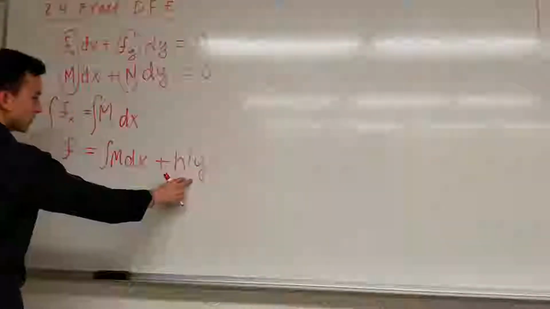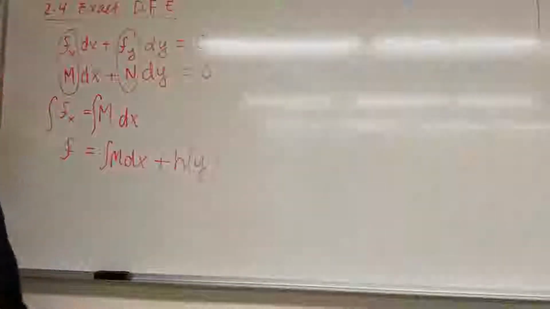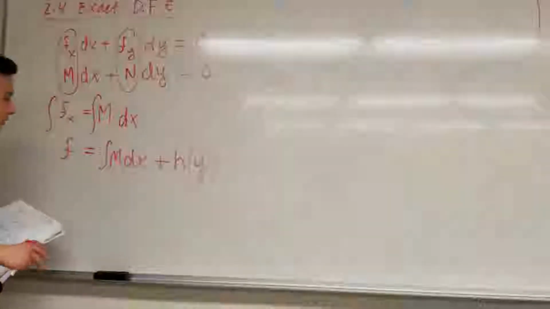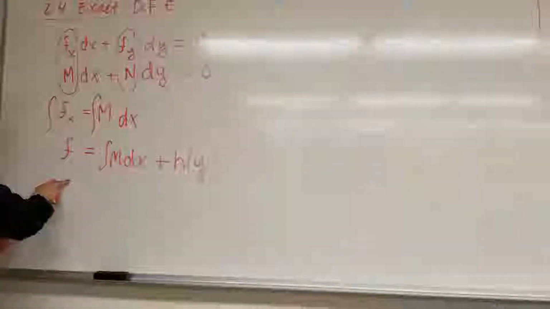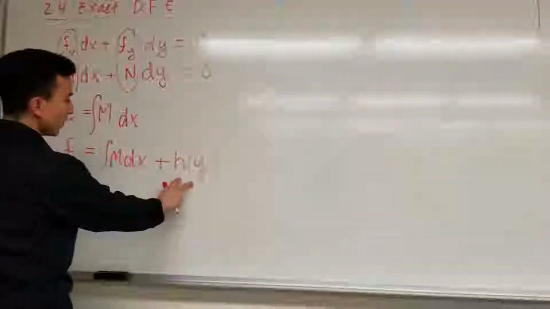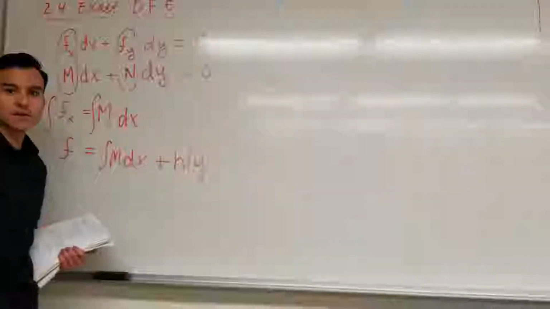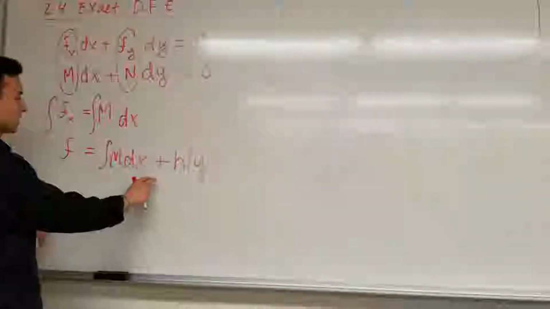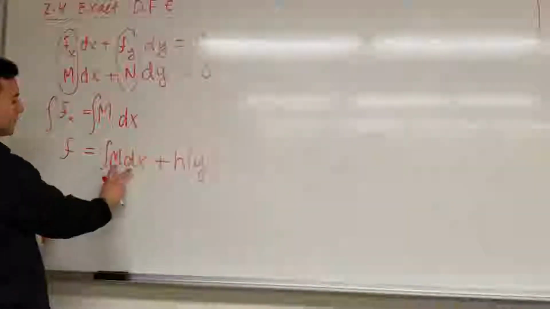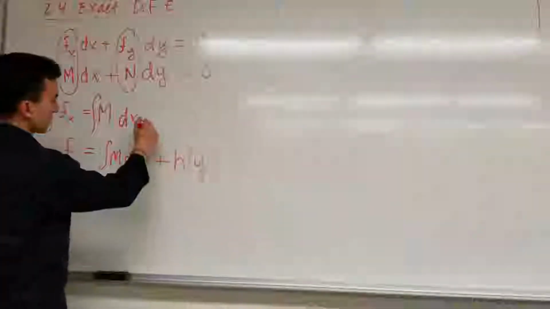Where does this come from? Going back to what the partial derivative was, there had to be some kind of y variable where it was a constant. And when we take the partial of this with respect to x, we're simply going to get this, and this is equal to 0.